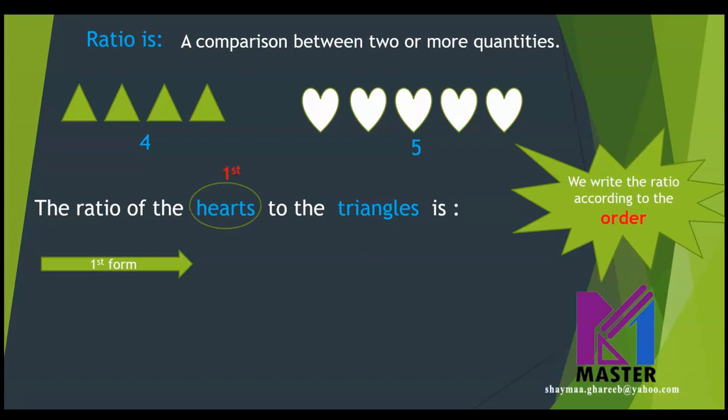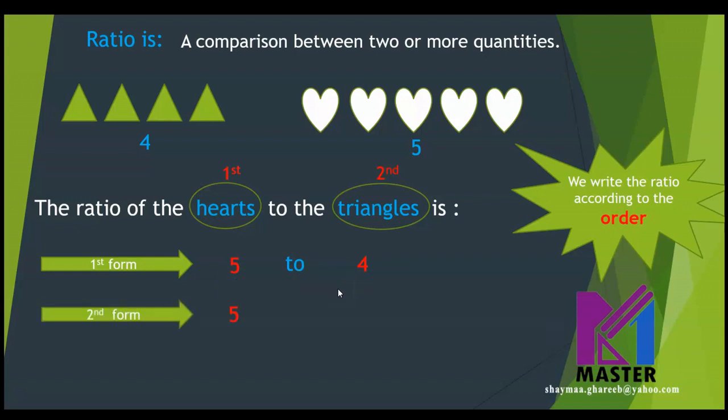So the first number will be the number of hearts because it comes first in the order. So I will write the number 5 first, then I will write the number of triangles second. So the ratio here will be 5 to 4.